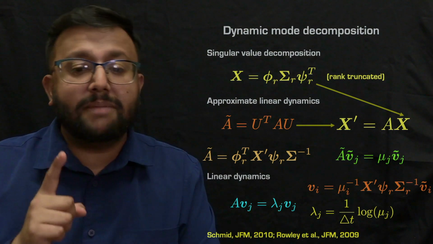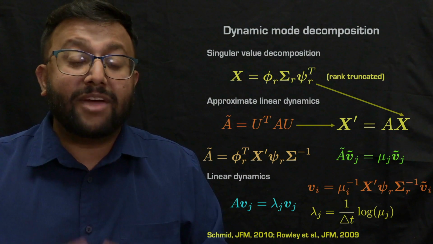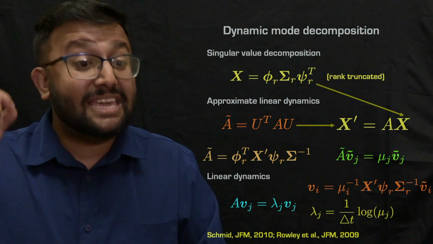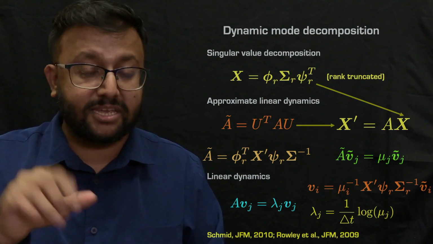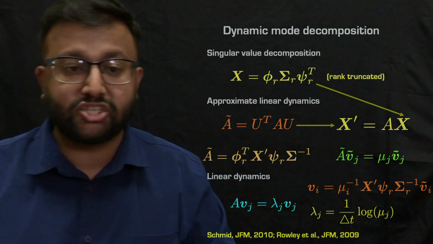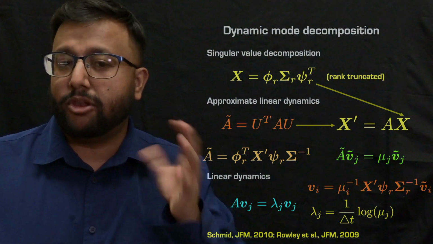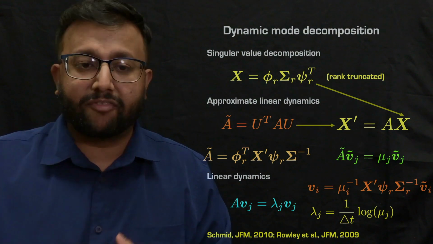Now, I want to make a quick note before we move on to examples: when I say that these DMD modes are associated with a frequency, each DMD mode only oscillates at one frequency. This is different from the proper orthogonal decomposition that we discussed before, where for the low Reynolds number, we saw oscillatory modes with a single frequency.